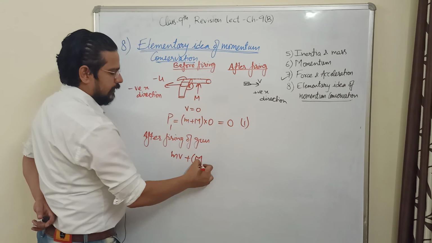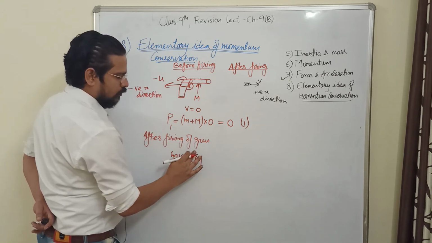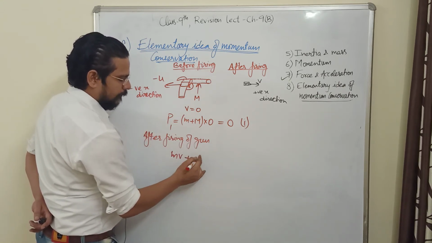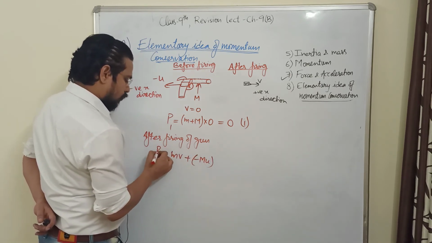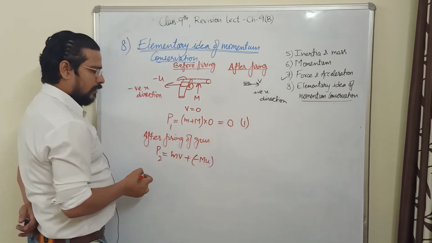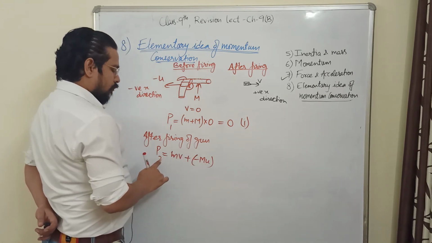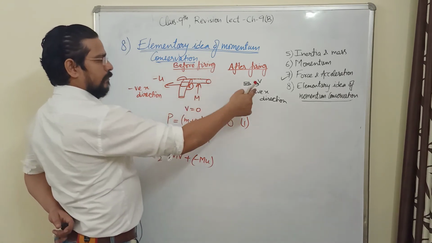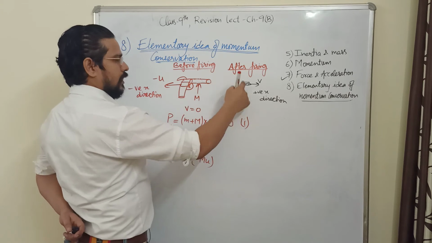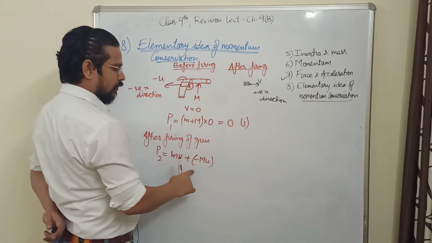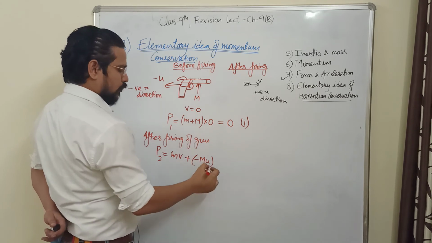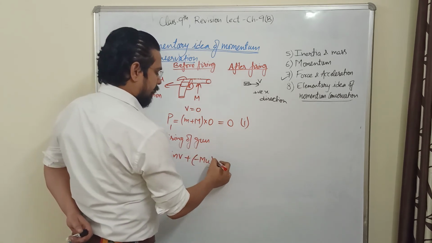As the mass of the gun is M and its velocity is minus u, you will get minus Mu. This quantity is your p2. Momenta of the system of gun and bullet after firing is mv plus (minus Mu). This is our second equation.